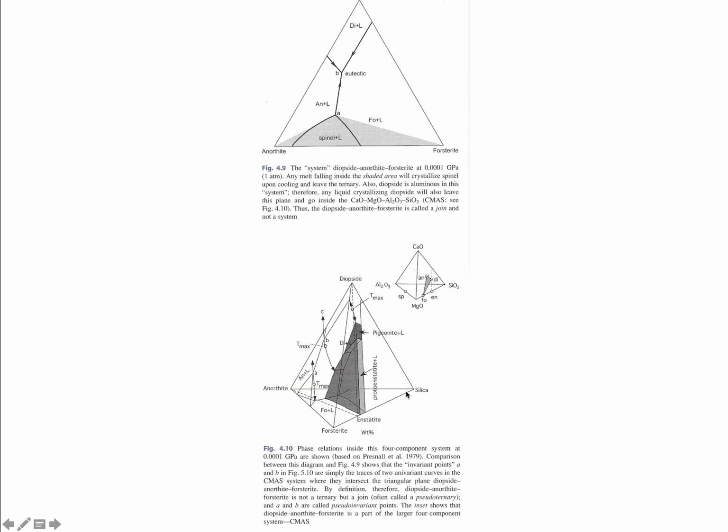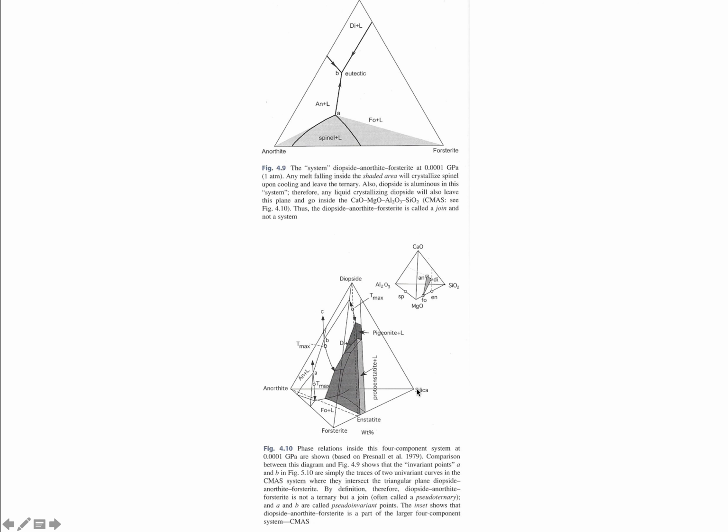If we are using a quaternary system, we can add one more component, and here we have added silica. Then you can have the next system between forsterite, silica, and diopside. In the diagram in the back, you have anorthite, diopside plus silica.